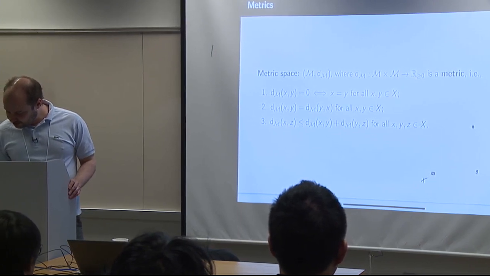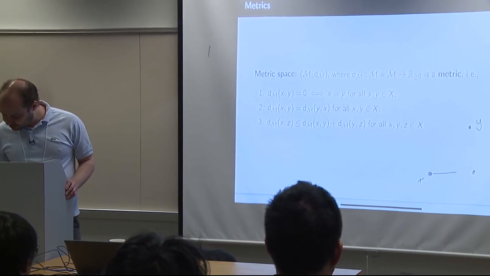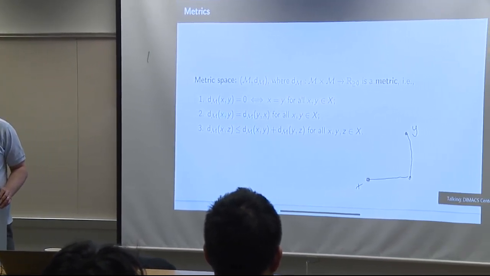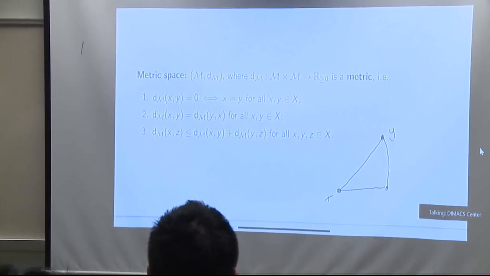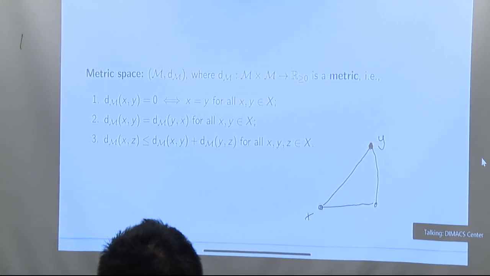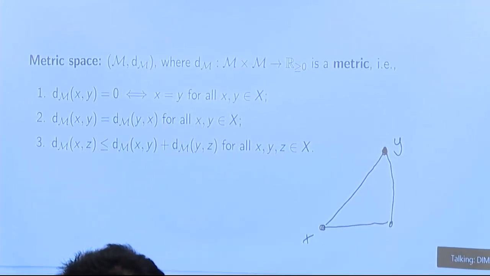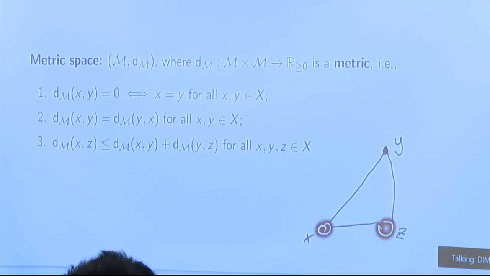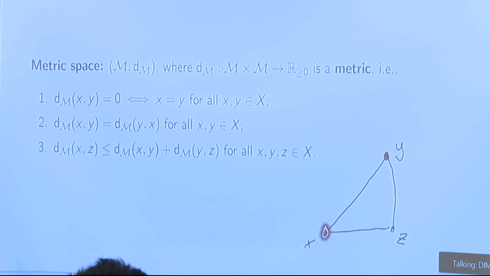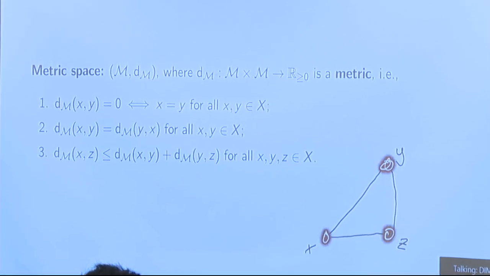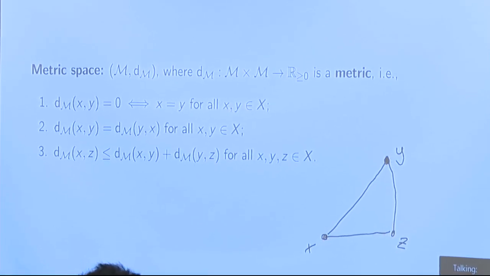If I'm looking at the distances between 3 points x, y, and z, basically what happens in the Euclidean plane must happen in the metric space, which is that the distance from x to z should be at most the sum of the distances from x to y plus y to z. Okay. So that's a metric space.